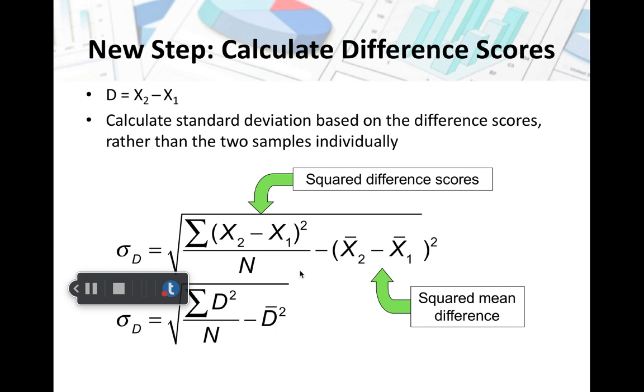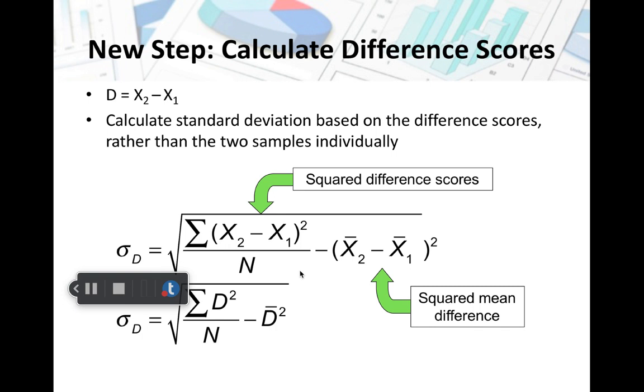We're going to be calculating our standard deviation and our standard error based on the difference scores, rather than looking at the two samples individually and then pooling, because that's what we're really doing in the independent samples t-test. Here, we're going to be creating a new distribution based on difference scores and then doing everything the way we would do for a z-test for the population.